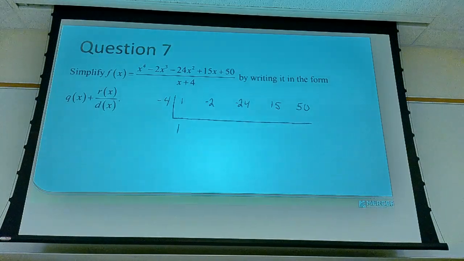One carries down, times -4, -4, plus -2, -6, times -4, 24, plus -24, 0, times -4, 0, plus 15, 15, times -4, -60, plus 50, -10.